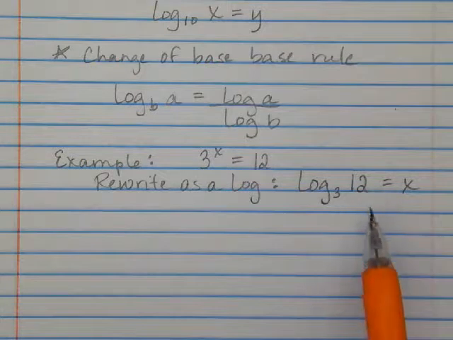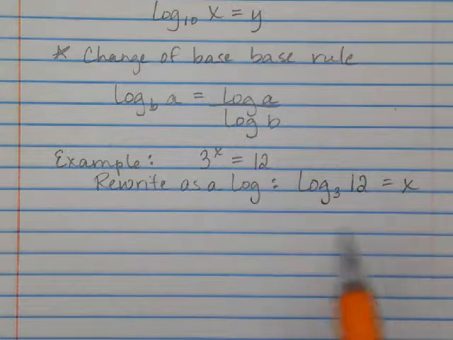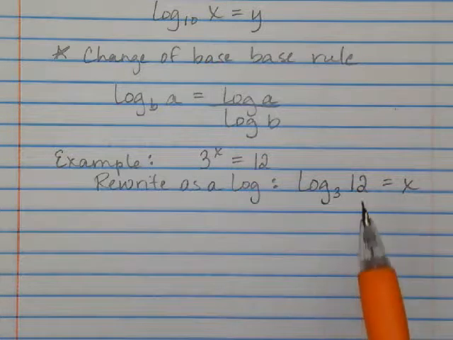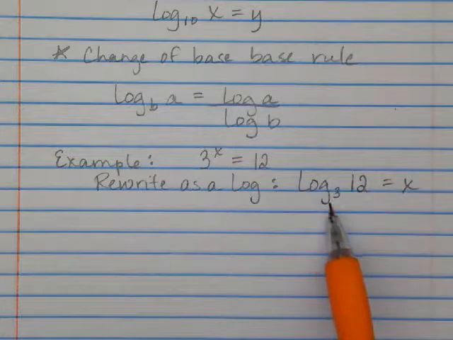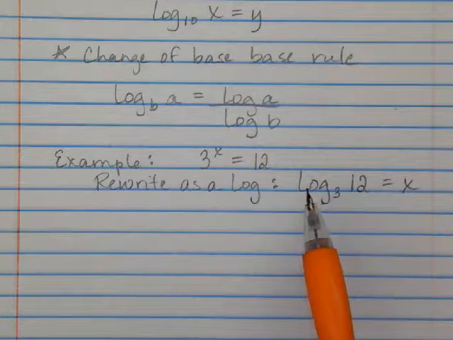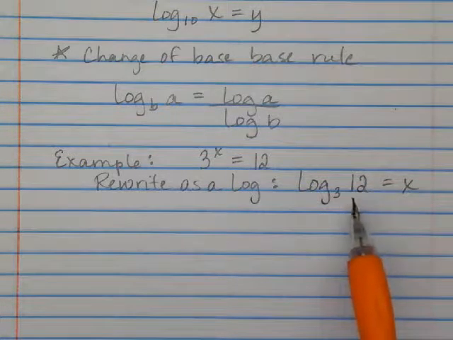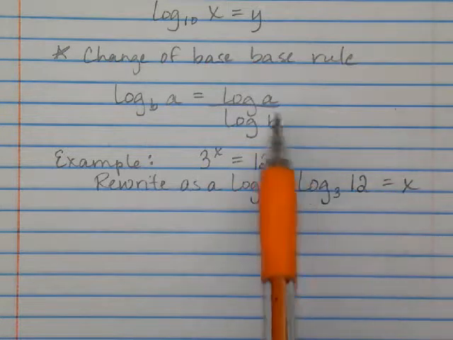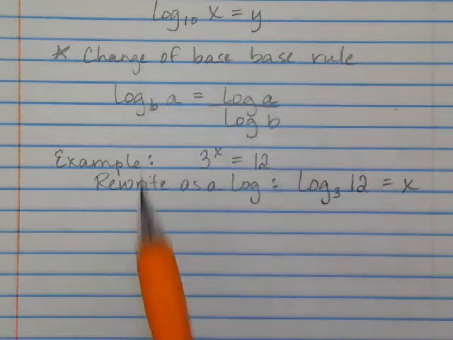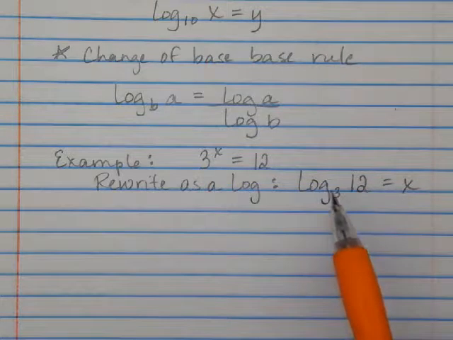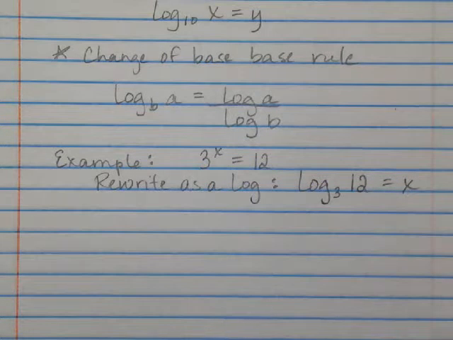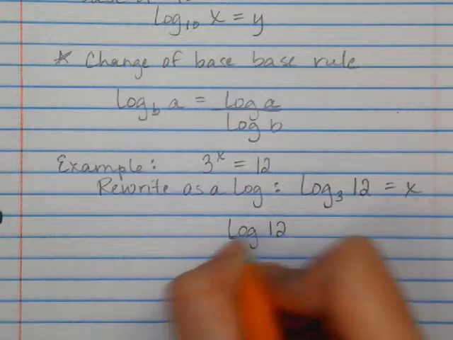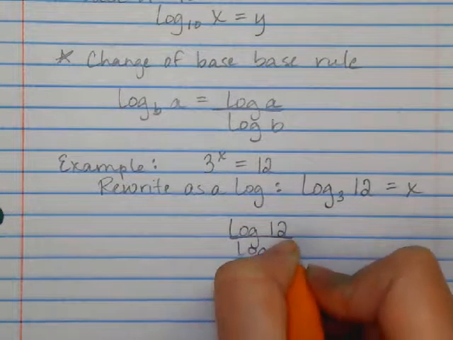I'm sure some calculators can do a change of base without using this rule, but we don't have that on the calculators that we have. So we can't just put this in as the log of 12, because that would presume the log base 10 of 12. What we need to do is rewrite it using this change of base rule. So log base 3 of 12 can be written as log of 12 over the log of 3.